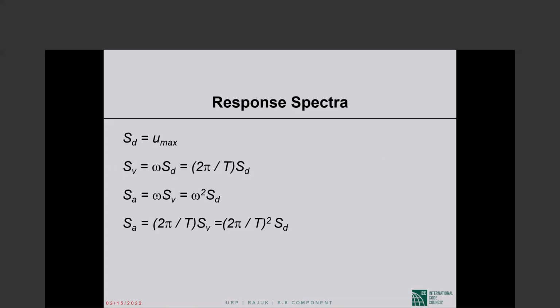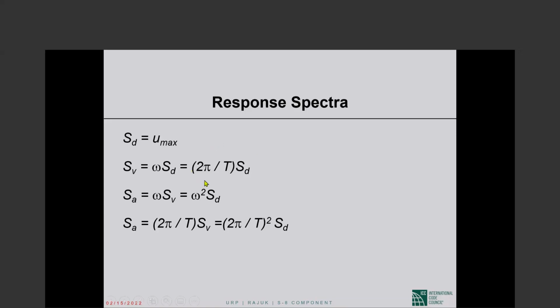The word pseudo quite often is dropped. We would just say spectral velocity, meaning spectral pseudo-velocity. There aren't two different things, spectral velocity and spectral pseudo-velocity. They are one and the same thing. We quite often just do not say pseudo, but when we say spectral velocity, it is spectral pseudo-velocity.